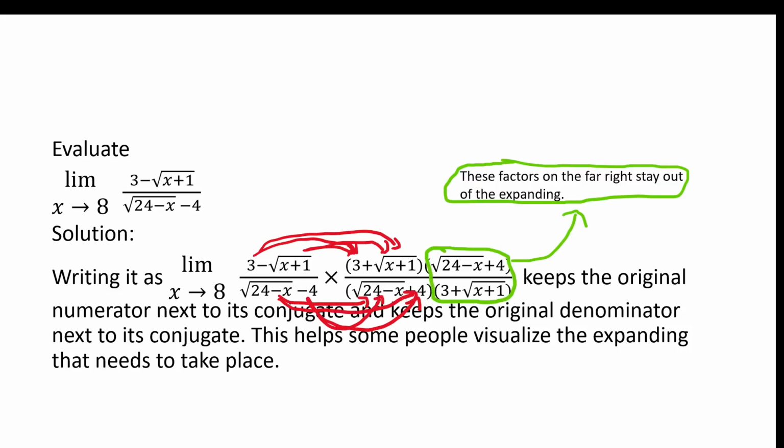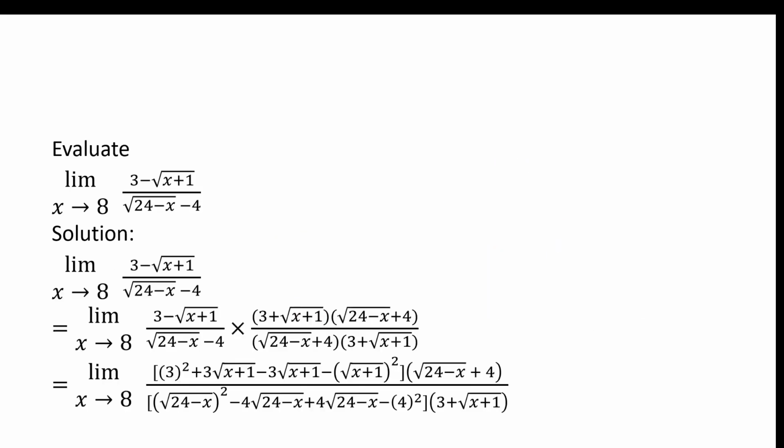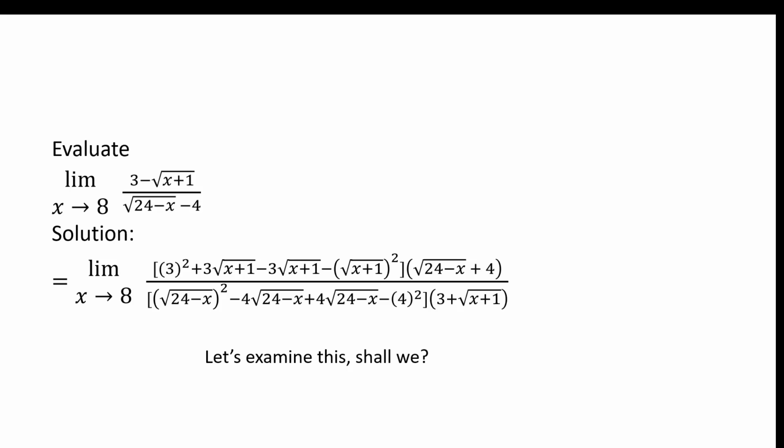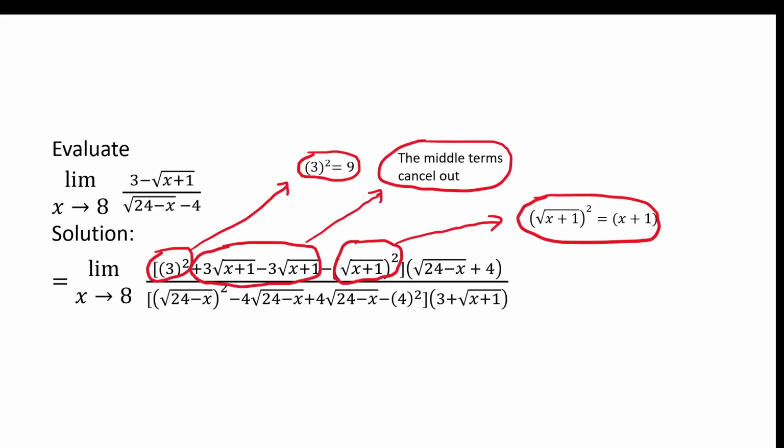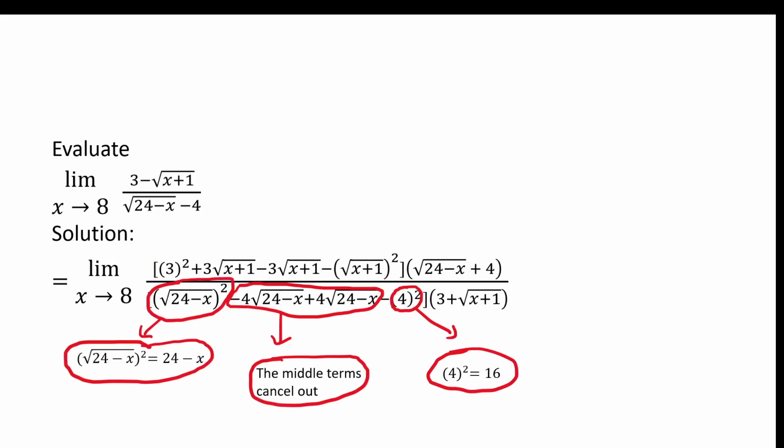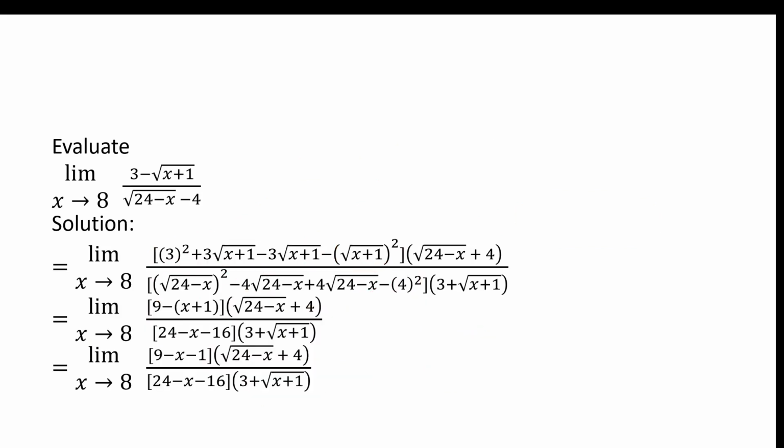Okay, so expanding everything out, we end up with what you see here. Literally 9 minus the quantity x plus 1, and down below we end up with 24 minus x minus 16.